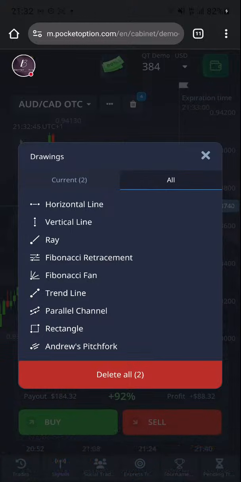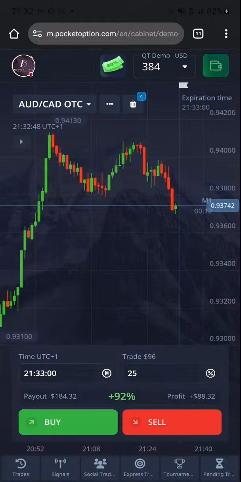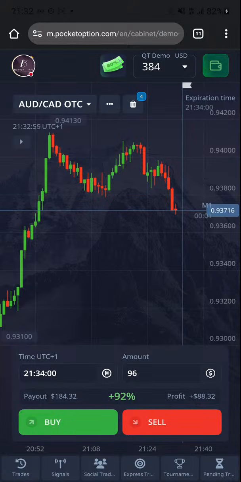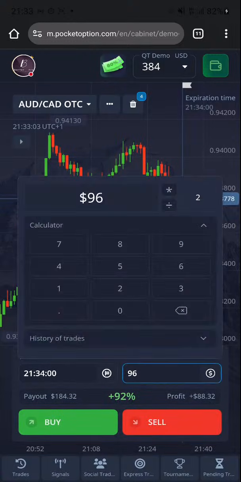Now I'm going to clear the balance. I always like to start the practice session from a reasonable amount that most people can load.